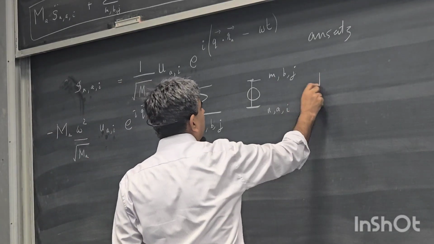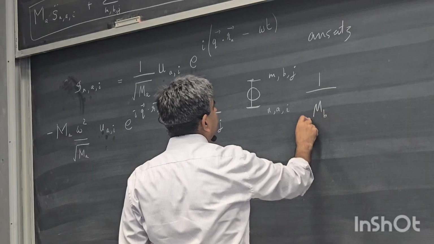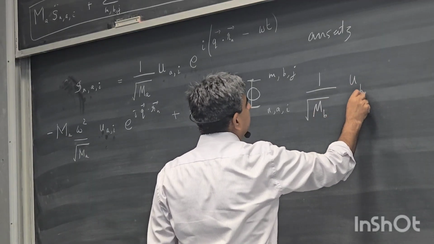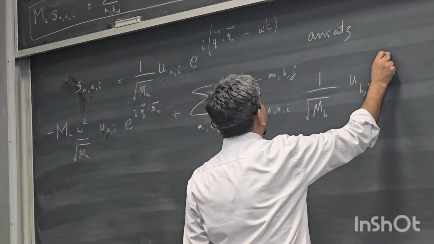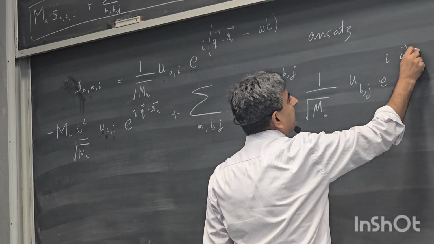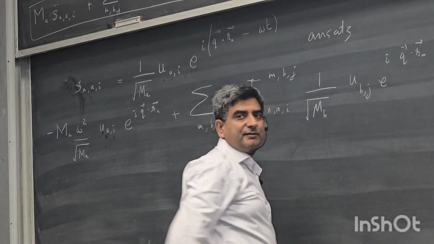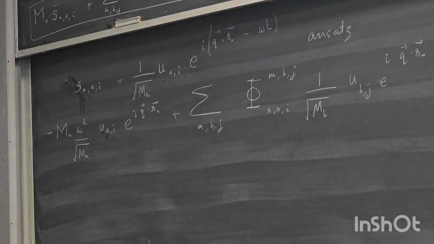So I will put 1 over square root of m_b, u_bj, e to the i q R_m, right? So this is now my equation of motion with the ansatz.